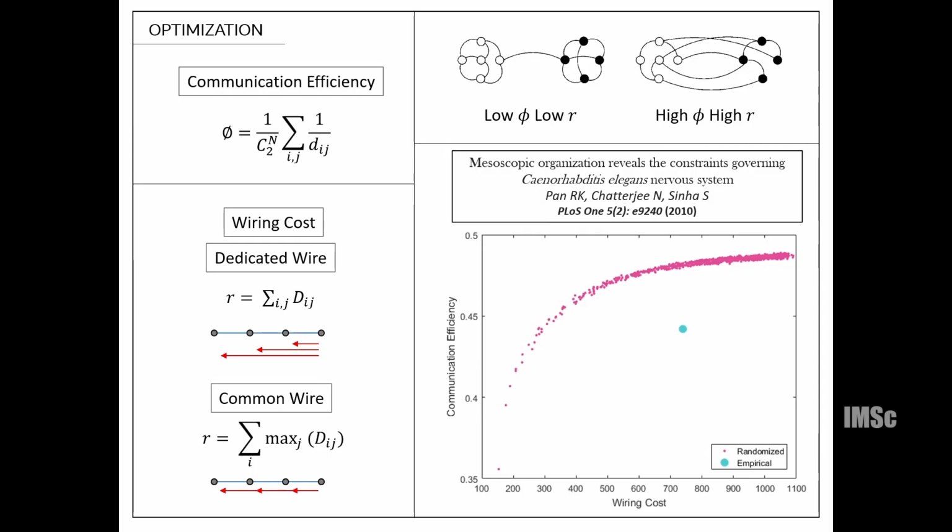So one simple assumption for nervous system could be that these connections are made to communicate efficiently, right? So it's obviously not true for sensory neurons and motor neurons because they need high specificity.